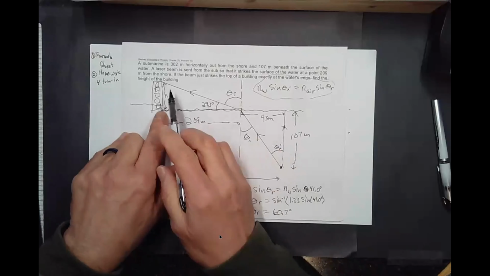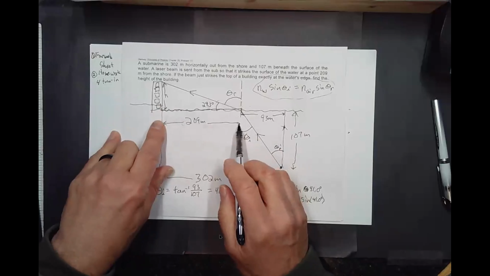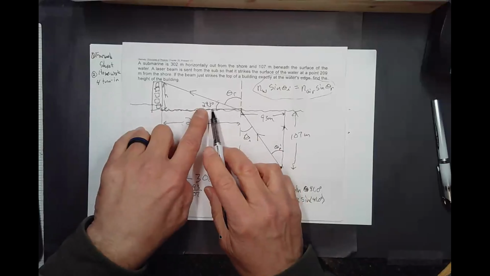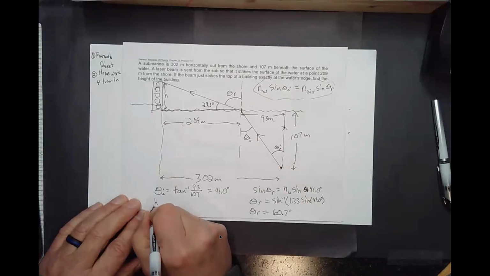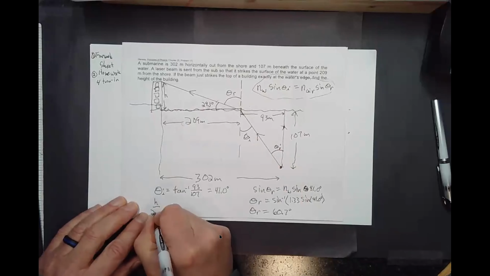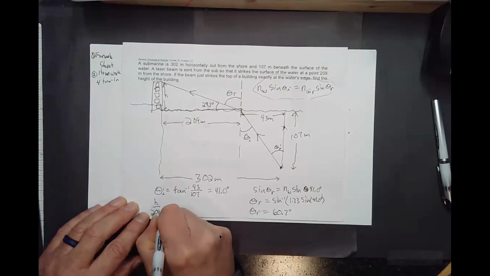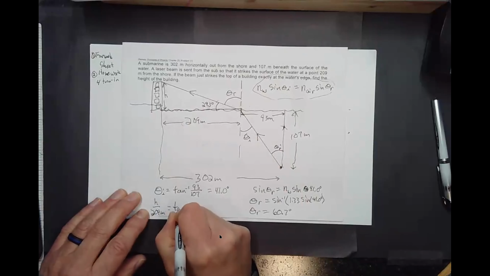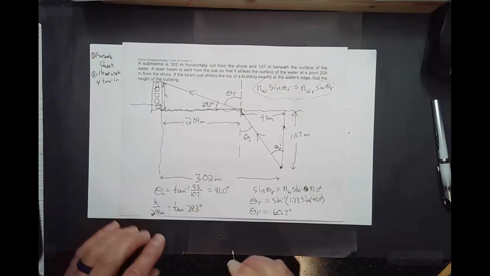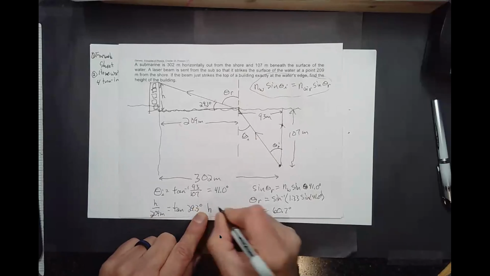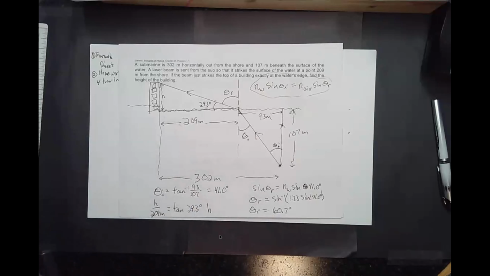And it looks to me like H divided by 209 meters is the tangent of 29.3 degrees, or H is 209 meters times that.